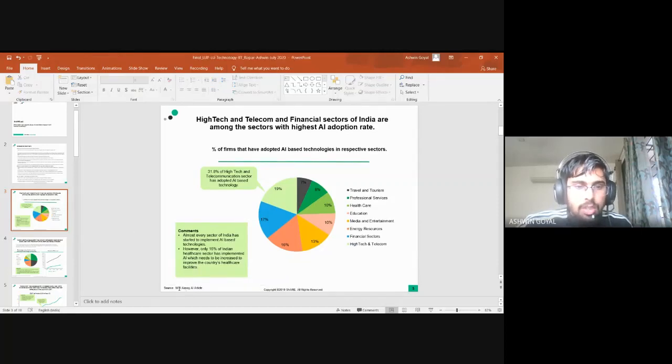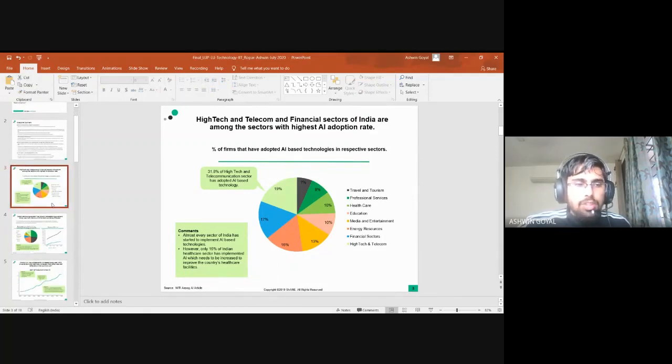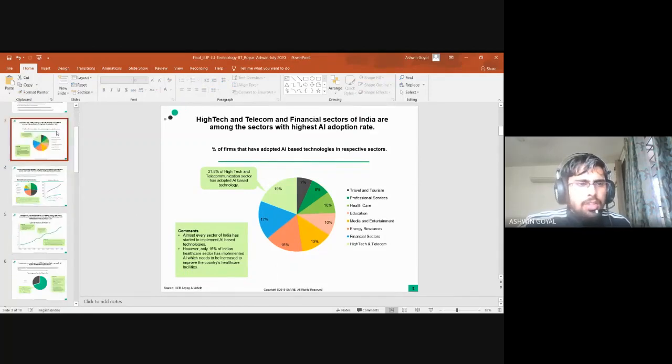Niti Ayog is a very well-known think tank in India, a research organization you can say. And you were talking about authentic websites, right? To get data on topics related to India, you can go to Niti Ayog or think tanks like it, and you'll find a lot of good data there.